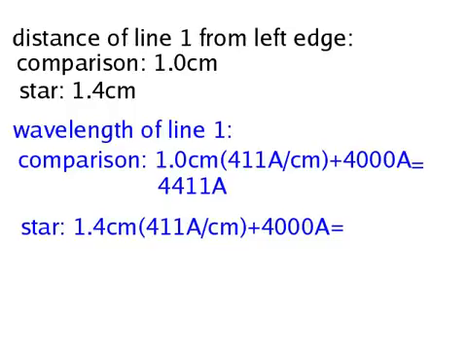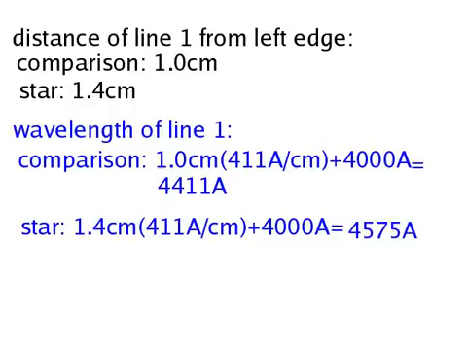Okay, let me calculate this real quick. 1.4 times 411, it was 575.4, plus 4,000, so 4,575.4. I'm just going to round it to 4,575 angstroms.